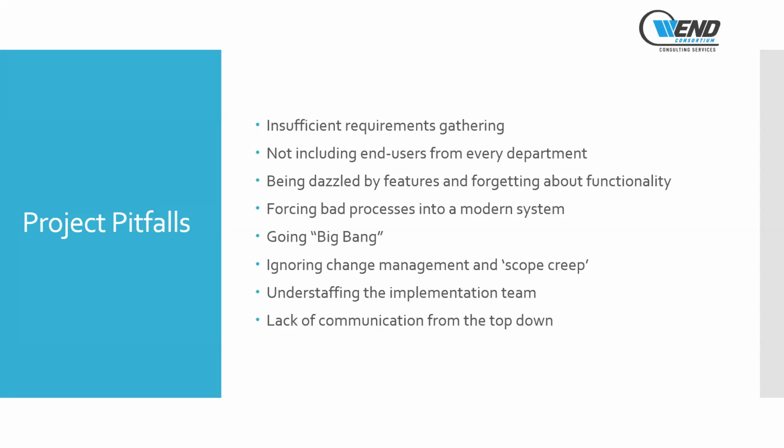Some other project pitfalls we've seen is going all in on that big bang. Just because we need a new ERP system and a new trucking software and all of these individual things, evaluating all of those on a modular level can be daunting, because on the back end, when you go to implement these, that big bang approach can lead to a slow or painful implementation.